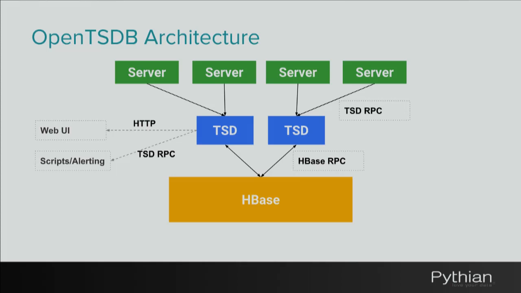TSD has a built-in web UI, which is pretty scary, but it supports all the modern graphing tools, so you can plug them in and actually display the data in TSD. You can also plug into the RPC to do any kind of scripting for alerts and stuff like that. But this is not an in-depth overview, just so you understand.